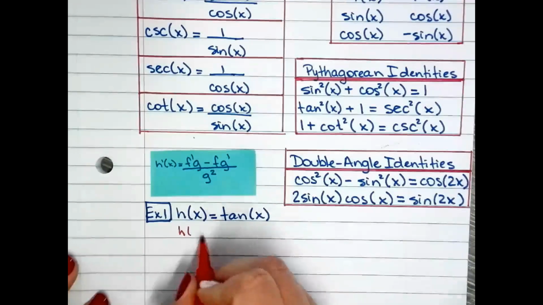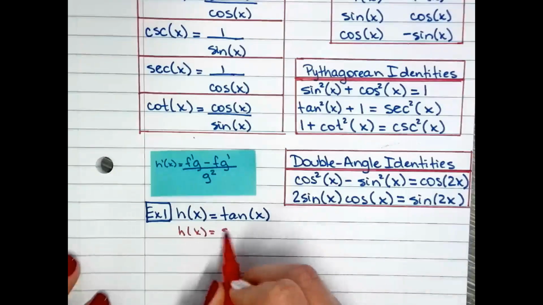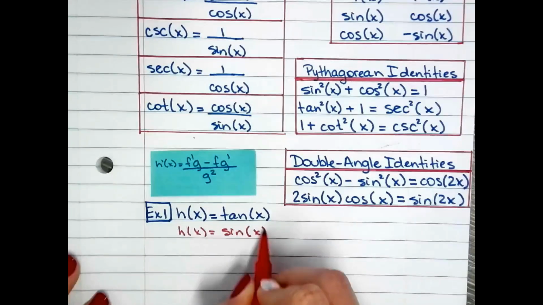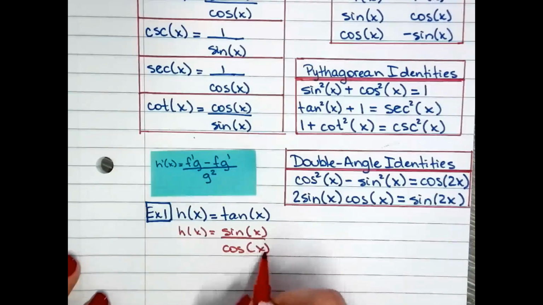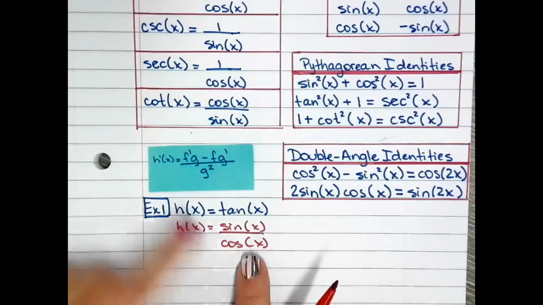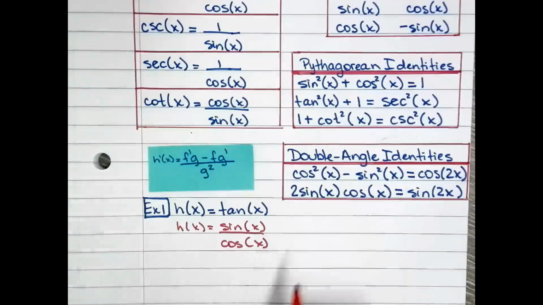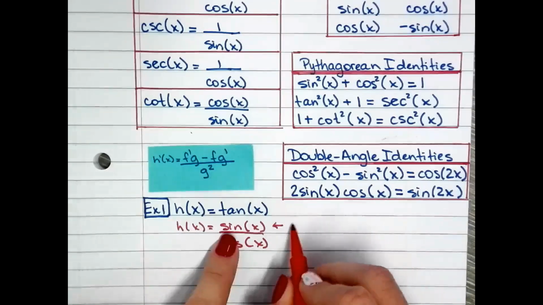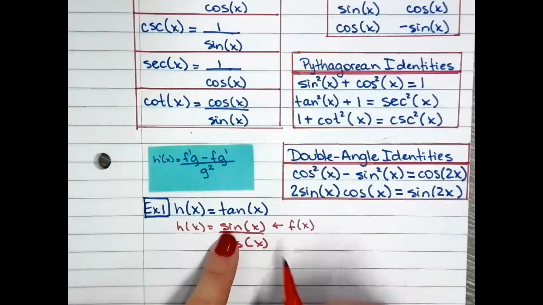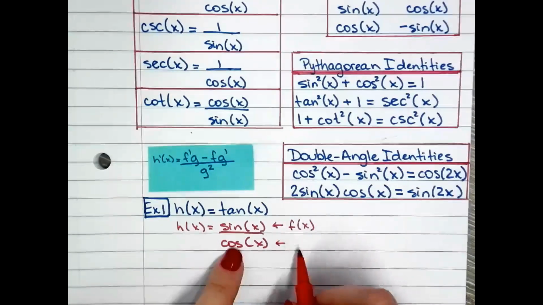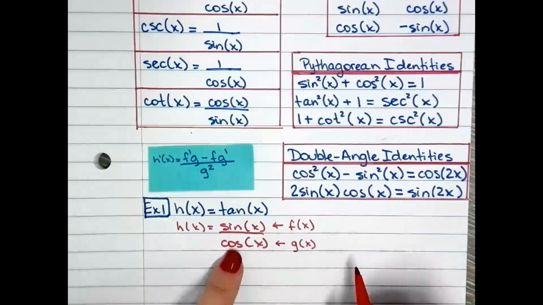I know that my function tangent is actually sine over cosine, and that will give me the two functions I need to use the quotient rule. So we're going to say sine of x is f of x, and cosine of x will be g of x.